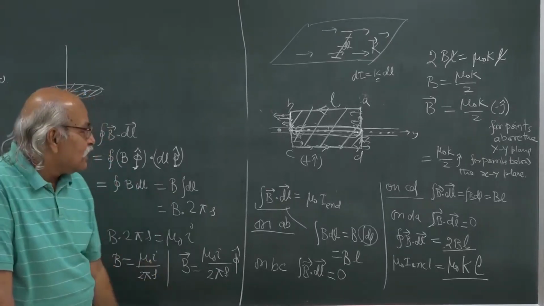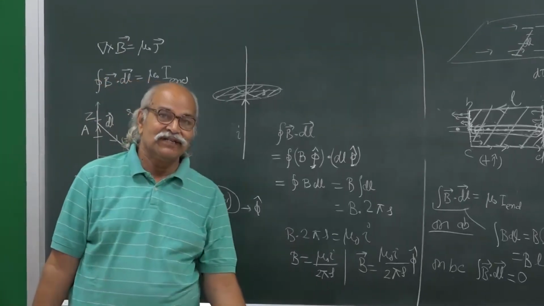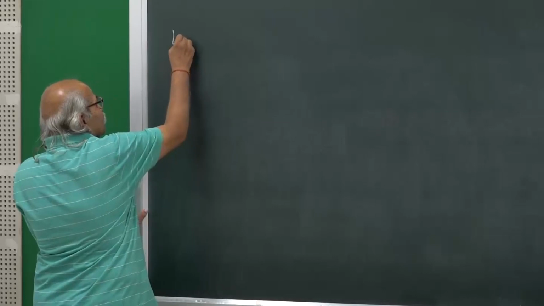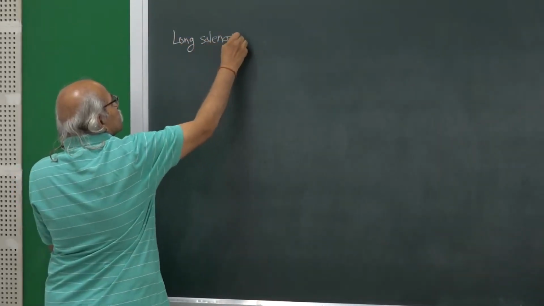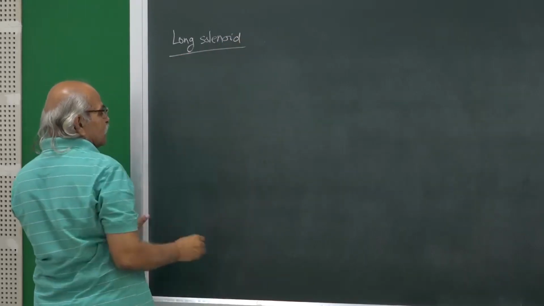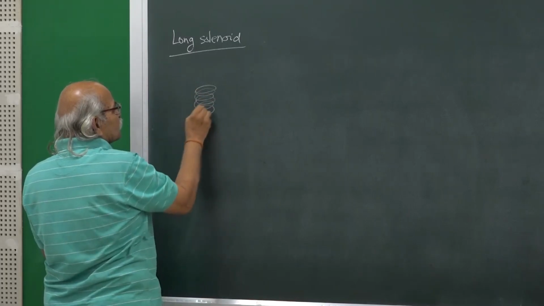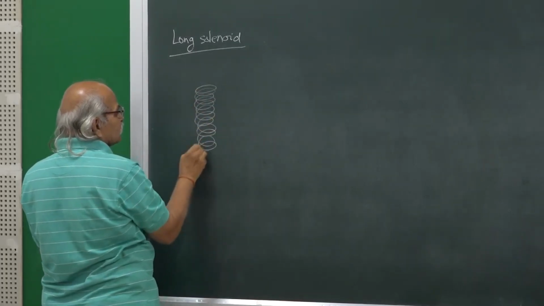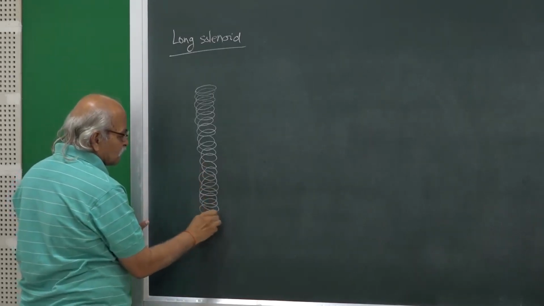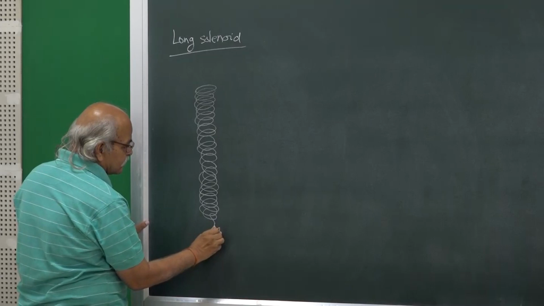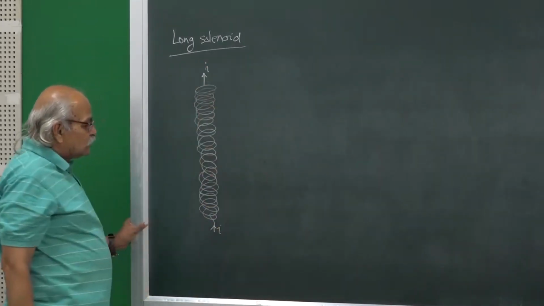One more example I will talk about, and that is a solenoid, a long solenoid. So what is that? You have a coil essentially of some small radius, and a large number of turns, very long, and the current is going like this.